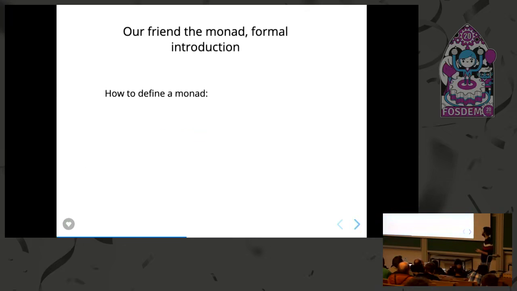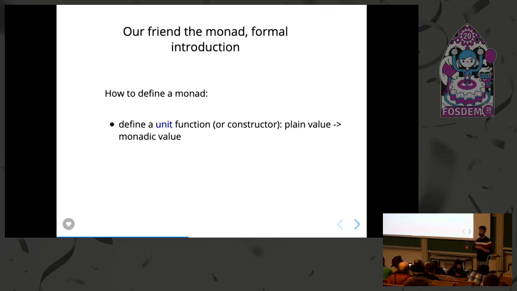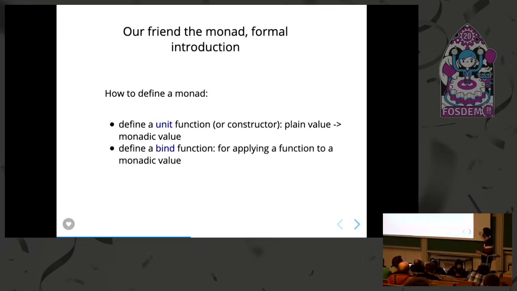So how to define a monad? Normally you have to define what is called the unit function or constructor. Its role is simply to take a plain value and transform it into a monadic value. Then define a bind function, which encodes the logic of applying a function to a monadic value.